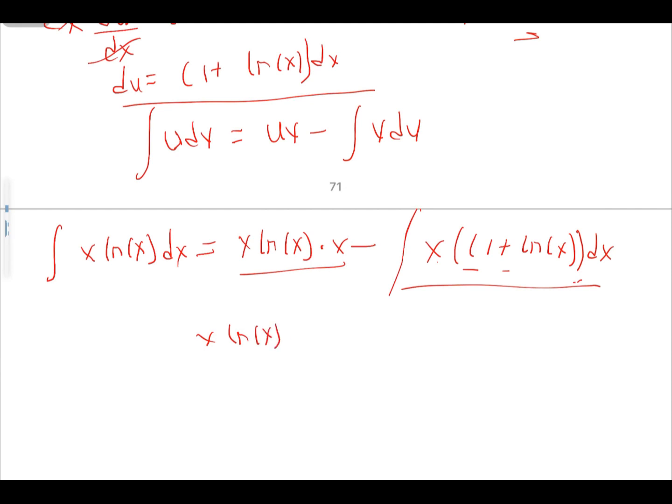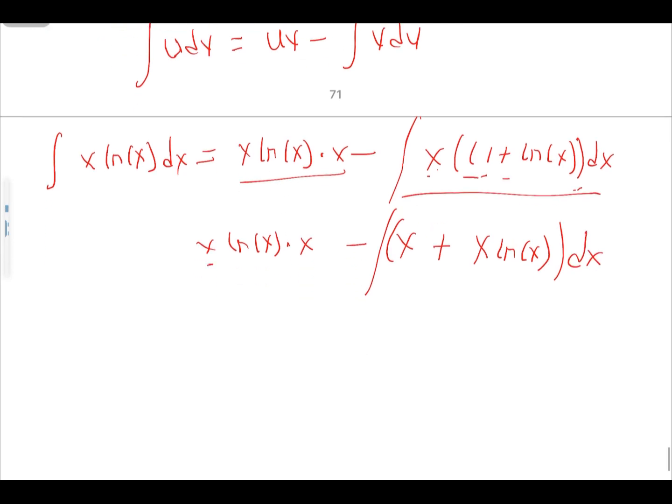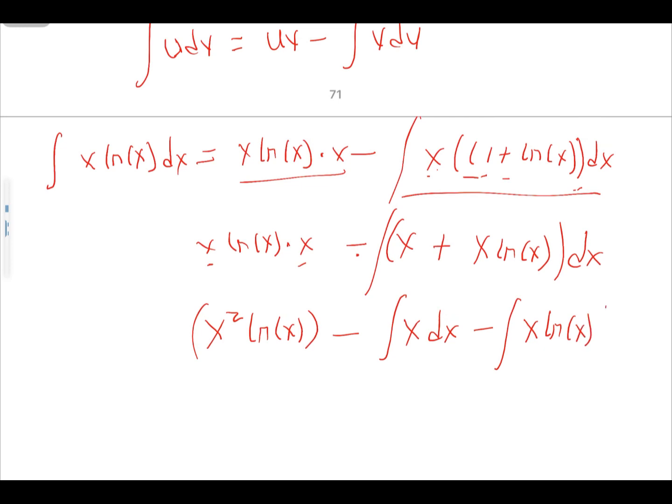So we have x ln x multiplied by x, minus, when I multiply x times 1, it's x, which is integral, and then, because it's in brackets, plus x ln x dx. x times x here is x squared, so x squared ln x, minus my integral of x dx, and this minus affects everything in the bracket, so minus my integral of x ln x dx.